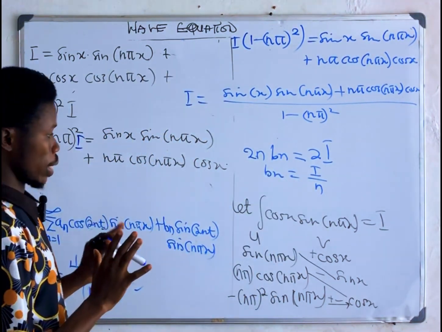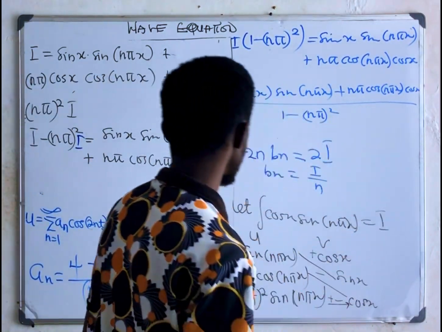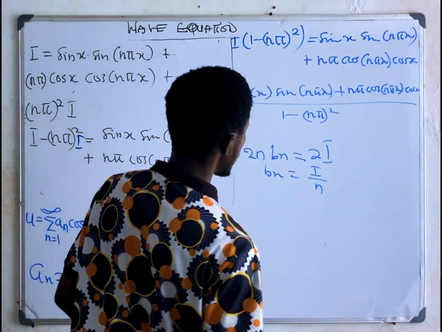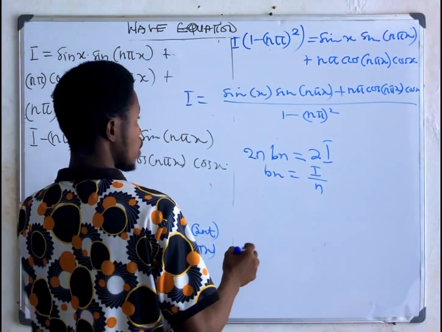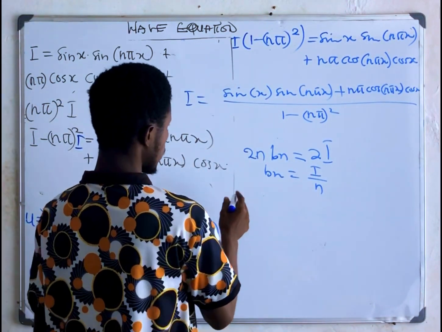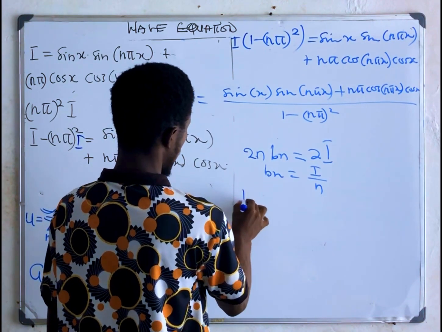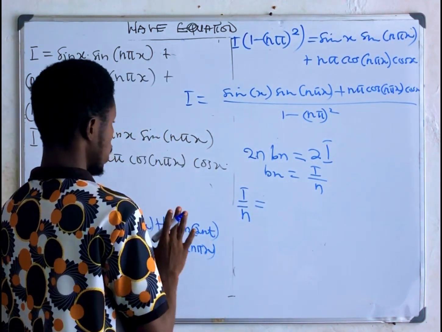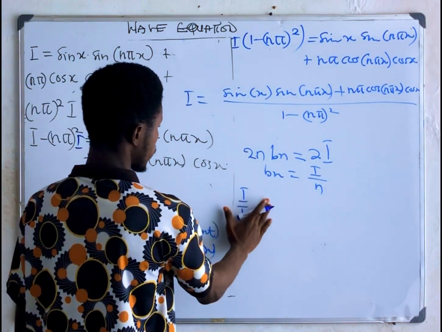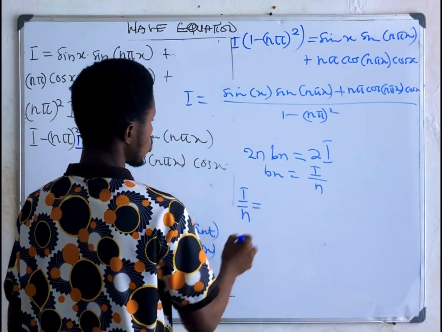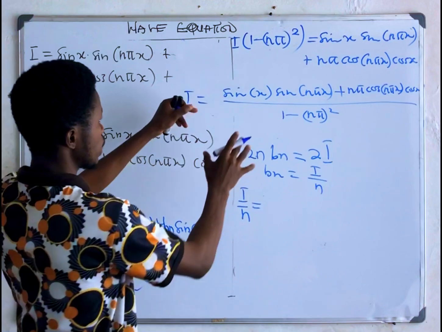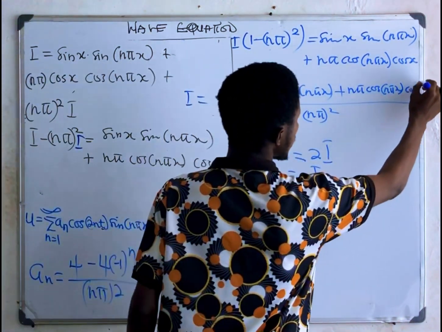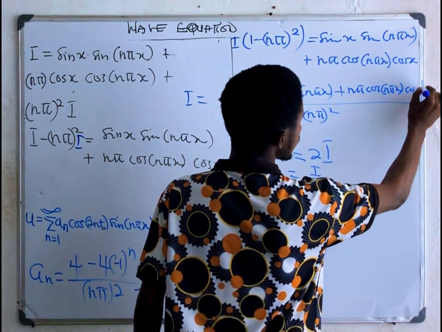I hope you understand that one. Okay. So let's see. So this is what I have. I over n is equals to, now, this I is the whole of this now. And the limit was given from 0 to 1.